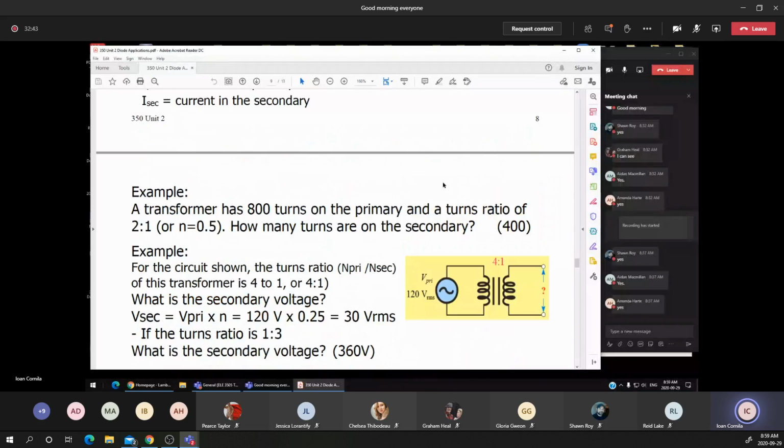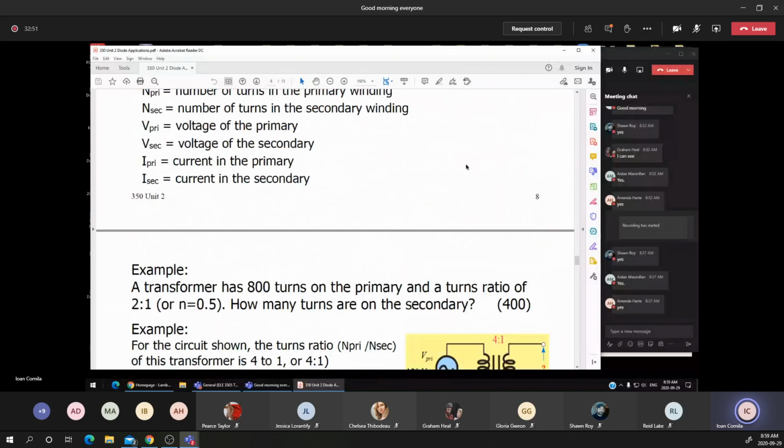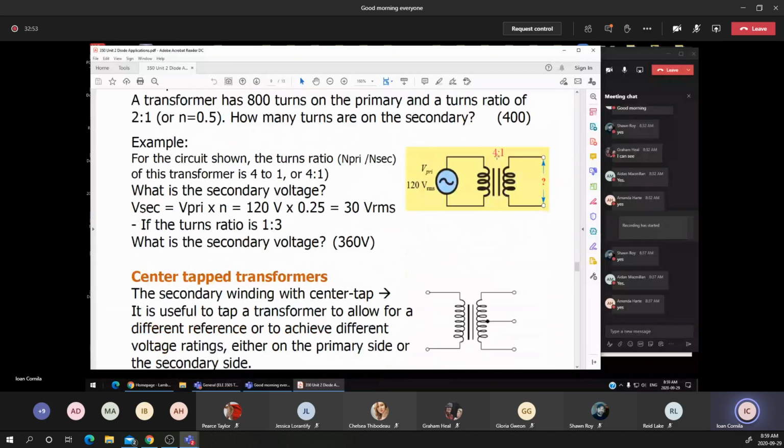I'm going back to this equation, the number of turns in the primary over the number of turns in the secondary. Remember that 4:1 means that for 4 turns in the primary, I have just a single turn in the secondary. That's a 4:1 ratio.